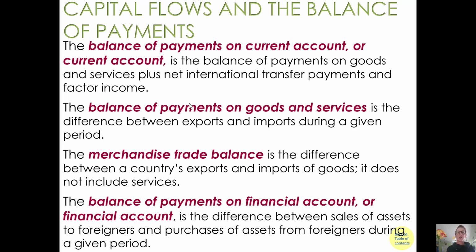The merchandise trade balance goes even more specific, and it's just exports minus imports. And finally, the balance of payments on financial account, or the financial account, is the bottom line. That's the difference of investment flows, basically.